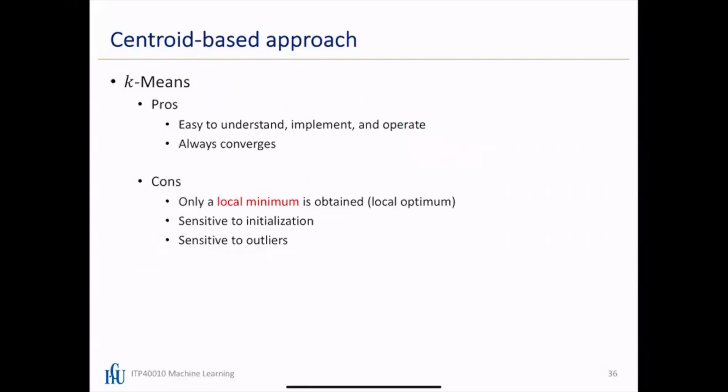Let's talk about the pros and cons first. Since the motivation is to come up with an efficient algorithm, k-means is basically best compared to hierarchical clustering algorithms. But at the same time, it has other benefits. It is very easy to understand, easy to implement, and easy to operate. I implemented my own k-means clustering algorithm when I was a senior at Handong, and it already converges.